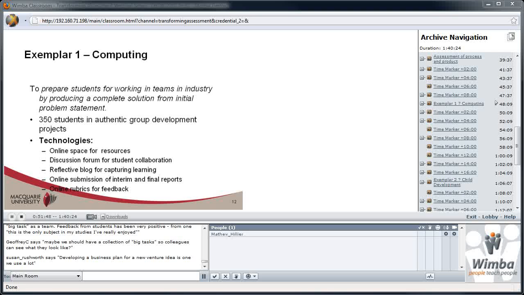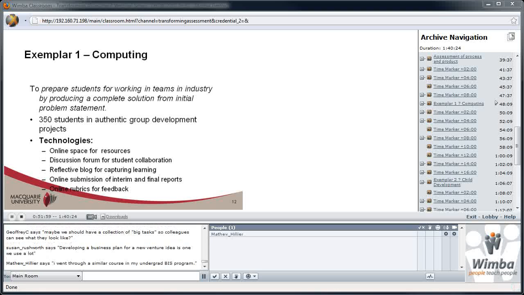And if you look at her learning outcome, this is really her objective, if you like, to prepare students for working in teams in industry by producing a complete solution from the initial problem statement.